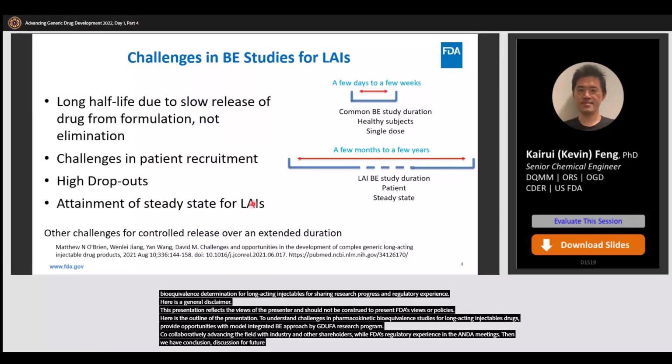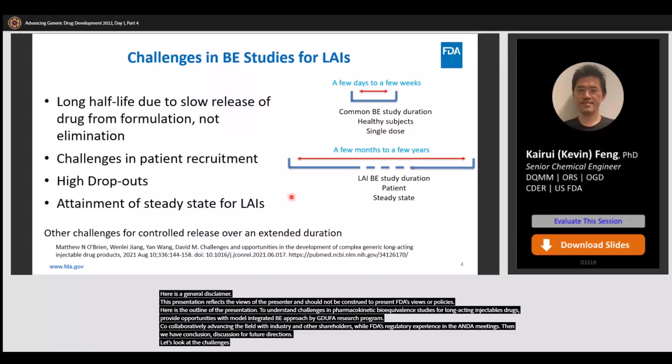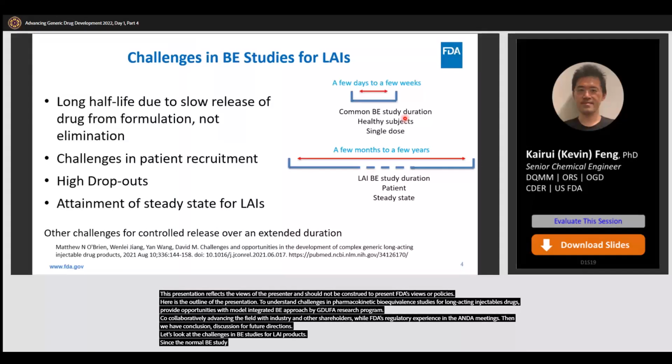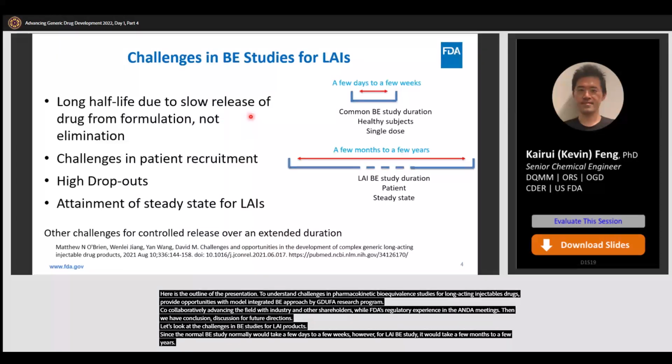Let's look at the challenges in BE studies for LAI products. A normal BE study normally takes a few days to a few weeks. However, an LAI BE study will take a few months to a few years. The problem is that it is a slow release, but it's not elimination. It has a very long half-life.